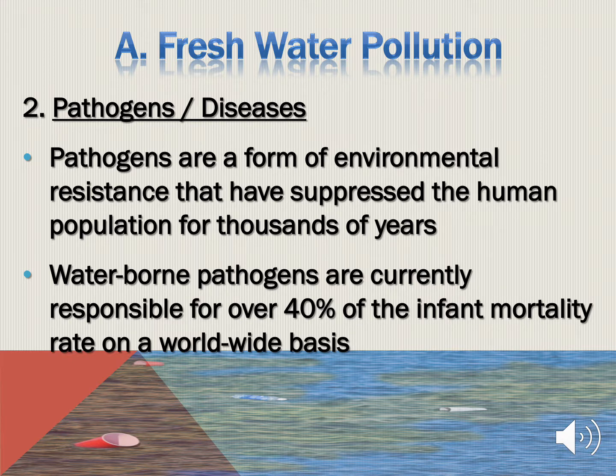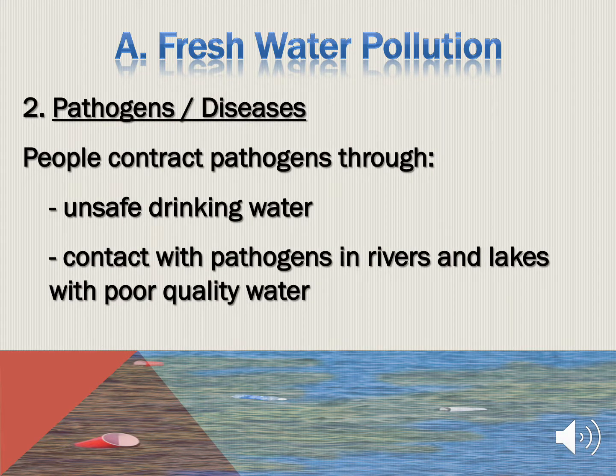Even today, pathogens in water are very important. It's believed that waterborne pathogens are currently responsible for over 40% of infant mortality rates on a worldwide basis, primarily in less developed countries. Well, people contact pathogens several ways. Through unsafe drinking water is a primary. They contact pathogens in rivers and lakes with poor water quality.